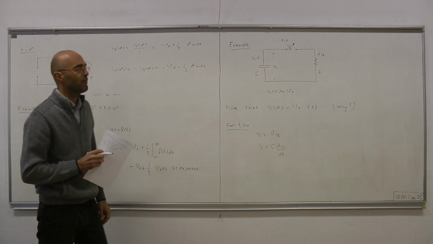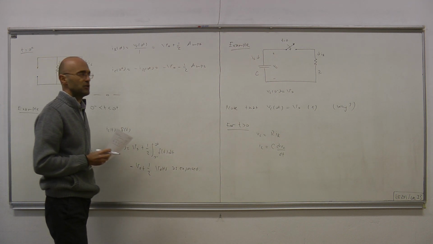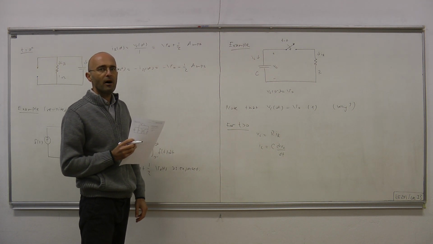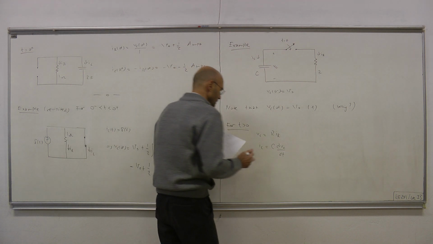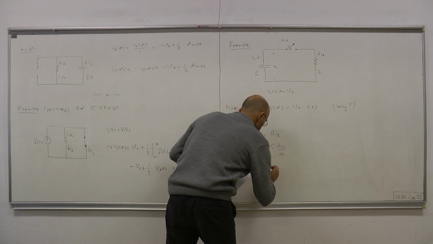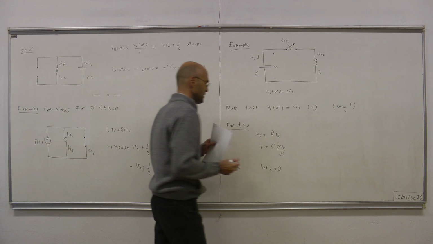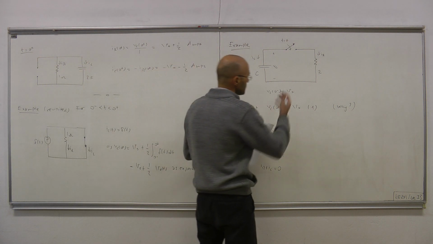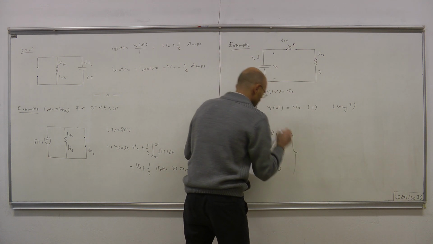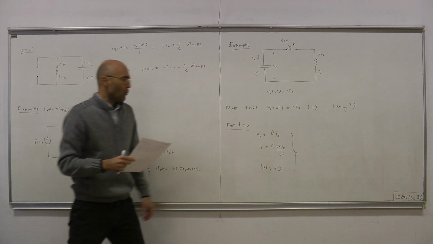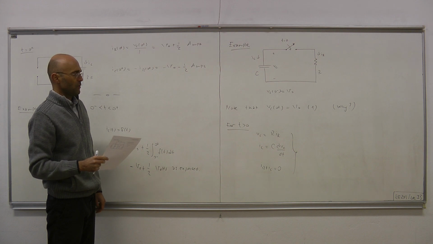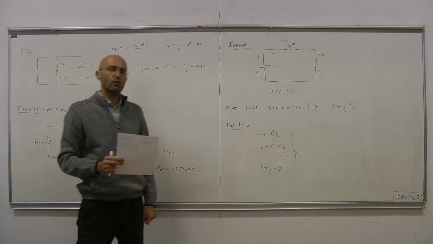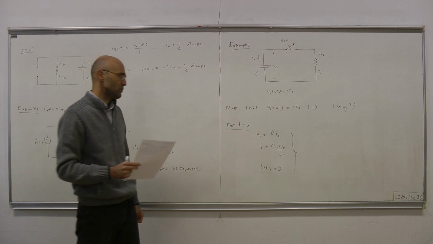And finally, due to KCL, we have the constraint to be satisfied by the currents: i_R plus i_C must equal 0 after the switch is shut, even before the switch is shut. Then, combining all those three equations, we can obtain a differential equation only in terms of the capacitor voltage.